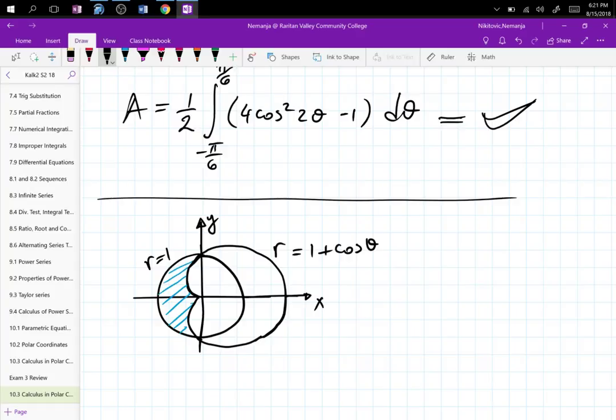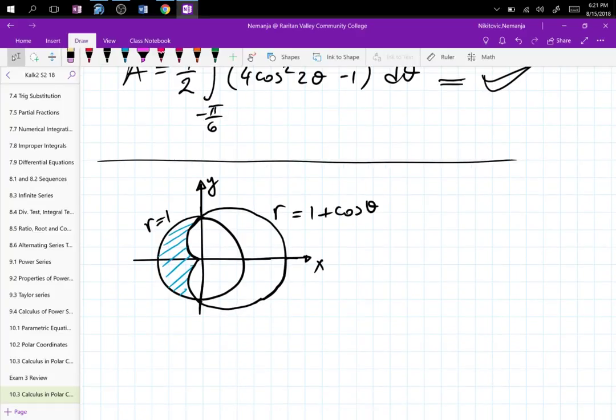cardioid is close by. So I'm going to have to set up this area integral of 1/2 integral, whatever alpha and beta are, those are the numbers over there. We are going to have circle, that's 1 squared, minus the cardioid, 1 plus cosine theta squared, all that d theta.